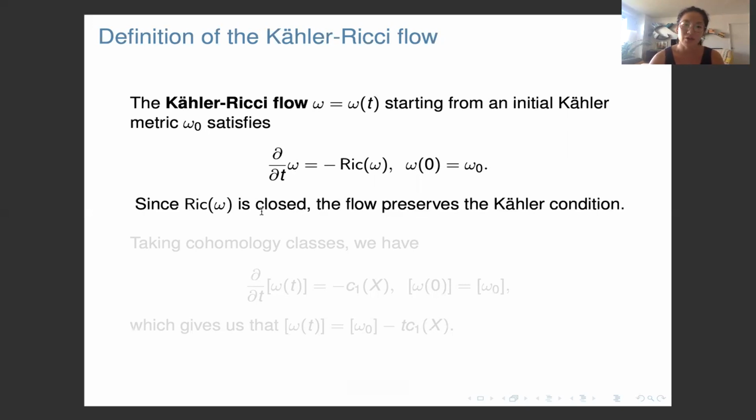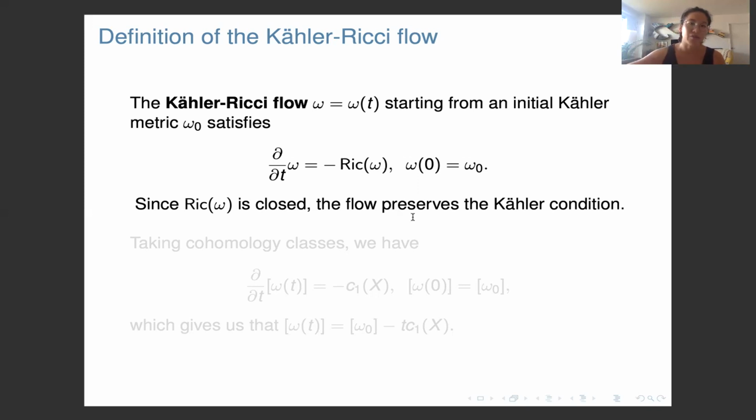You can see that since Ric(omega) is closed, the flow preserves the Kähler condition. If I put a d here, you see that that's not going to change over time because d of the Ricci form vanishes. And so as long as you're starting the flow from a Kähler metric, the Kähler-Ricci flow will preserve the Kähler condition.